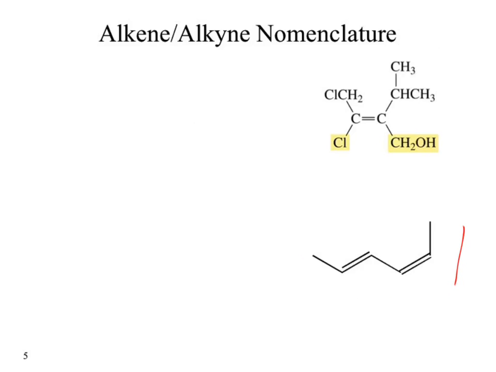So let's look at the top one first. What's the first thing we should do? Look at the highest priority substituent. We want to find the longest carbon chain that contains the highest priority substituent. The pi bond is a very high priority substituent. So we could probably already identify that those carbons need to be part of the backbone.